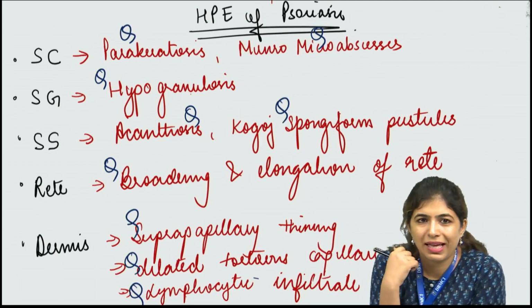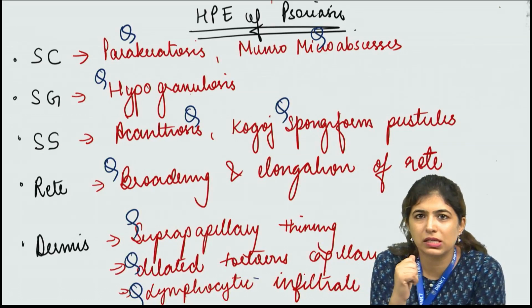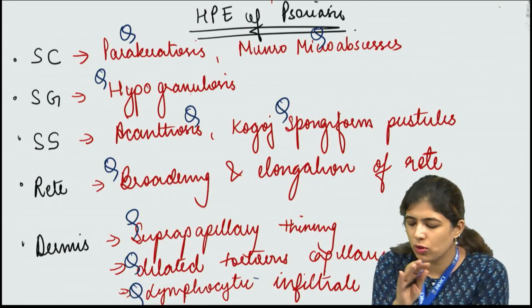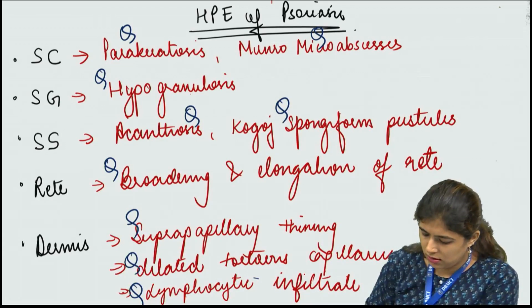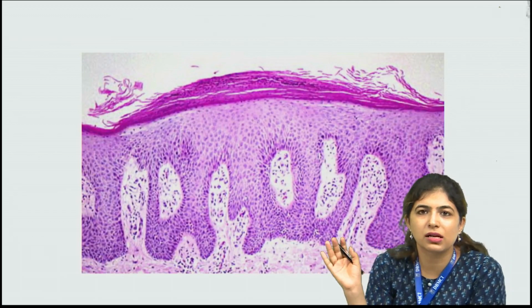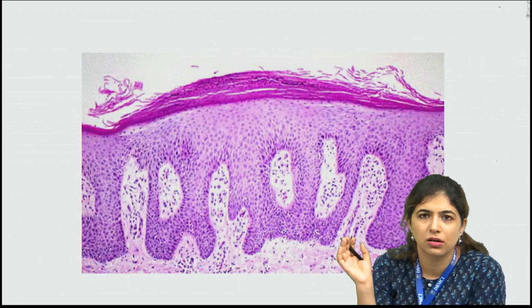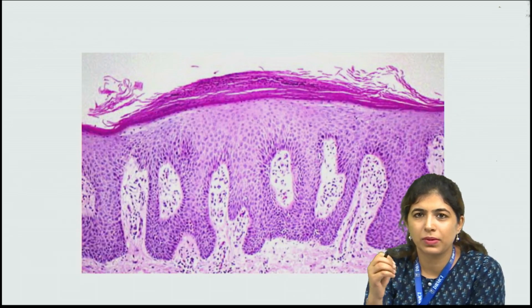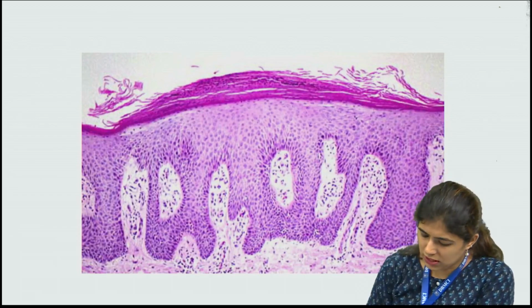Either way, every point in histopath of psoriasis is important. And in the AIIMS exams, they may just give you an image like this image, and ask you, what disease is it? Okay, so histopath can be also asked as an image-based question as well as a text-based question.